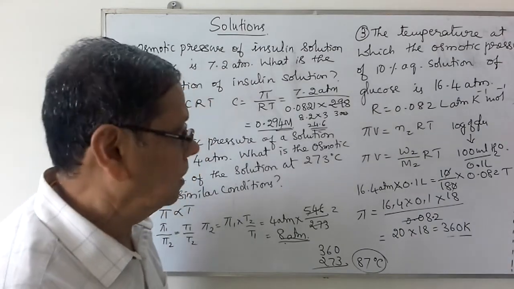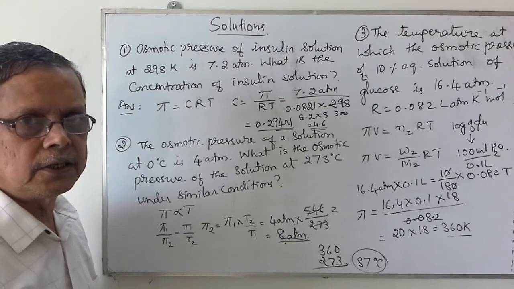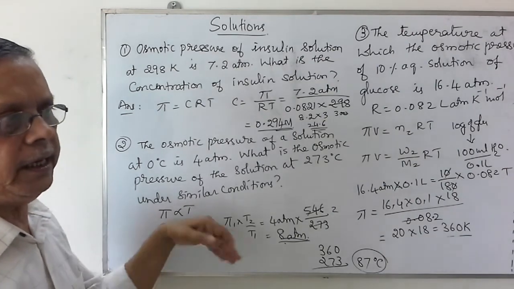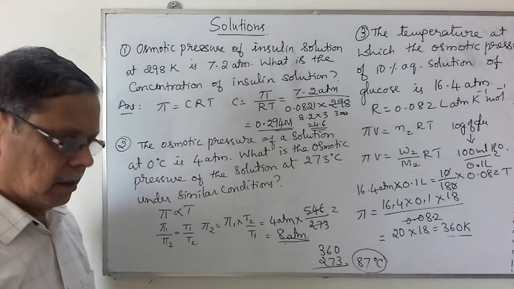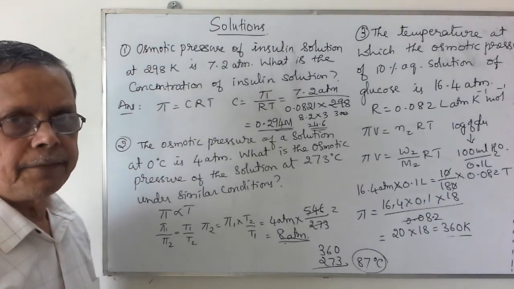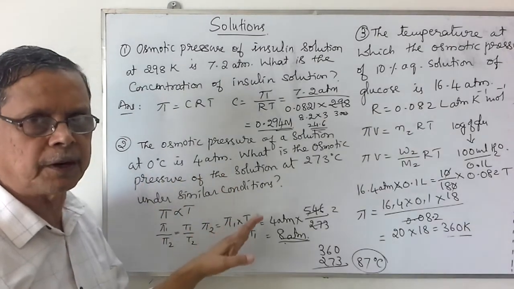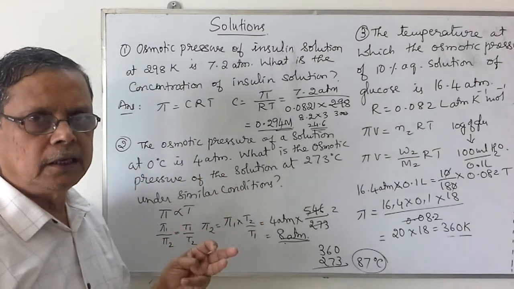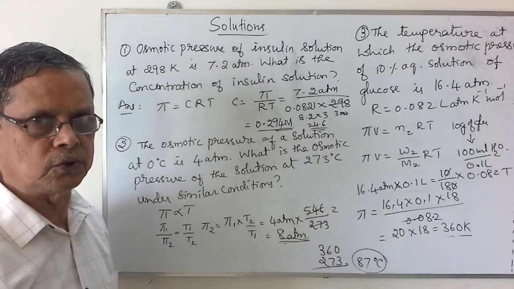So this is about some of the numericals based on the osmotic pressure of solutions. Now in the next video we will take up the Van 't Hoff factor. So far in these topics on colligative properties, we have taken a solute without undergoing any dissociation or association.